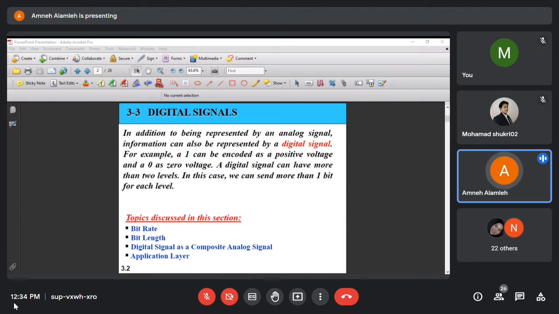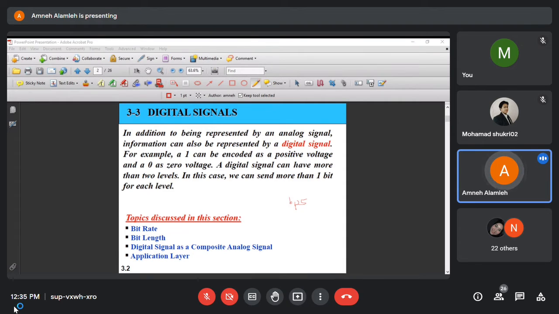Another term, bitrate instead of frequency, is used to describe digital signals. The bitrate is the number of bits sent in 1 second, expressed by bits per second.